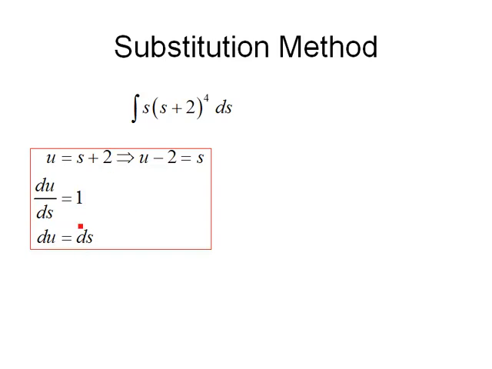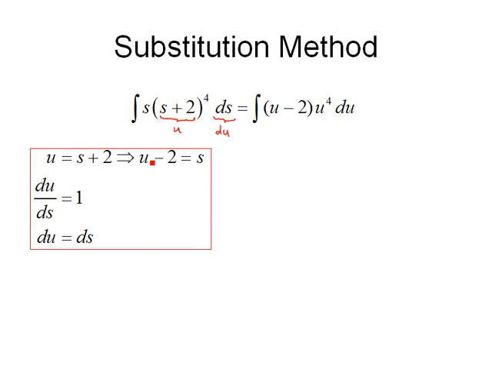I can use all of these pieces to change all of my s's here over to u's, and then I'll be able to take the antiderivative. So the way I do that is I notice that u is s plus 2, ds is the same as du, but I still have an s in the problem.